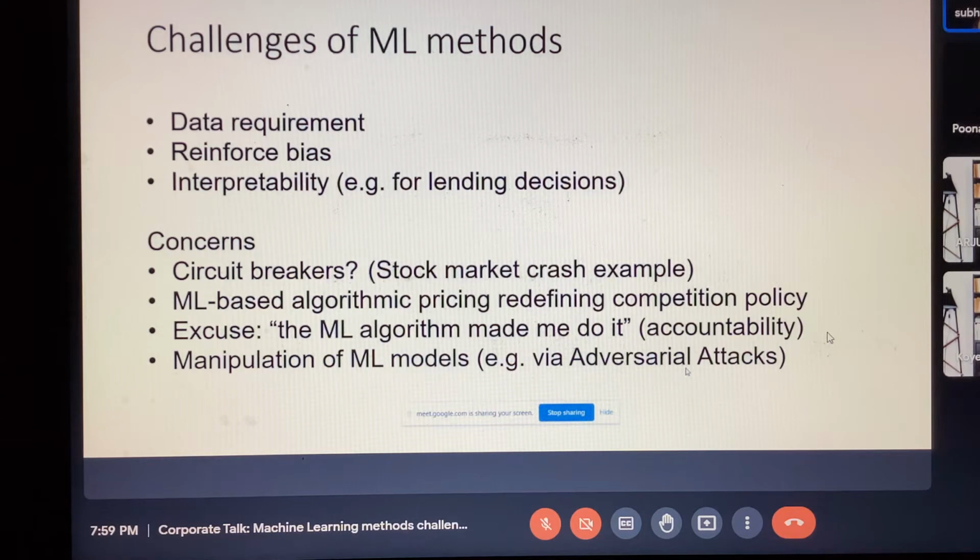And another concern is manipulation. As you know, adversarial attacks depend on the data. It learns from the data. So if you really want to hack into it by providing fictitious or false data, you want to manipulate it. You give it wrong data, and then it will accordingly give a different result, because you have fed it wrong data.